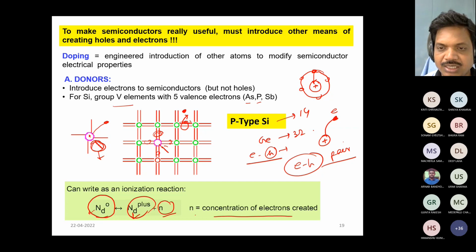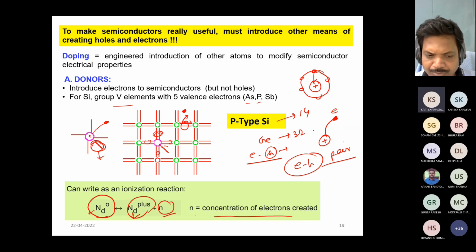So now, are you getting how the number of electrons in an n-type semiconductor is increasing? Yes, sir. Okay. Then in an n-type semiconductor, will there be any holes or only electrons?